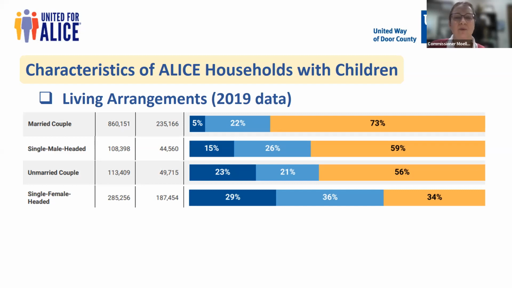A person might not be able to leave a dangerous situation because who's going to watch my kids? How am I going to find housing? I can't find it, period. Can I afford it, period? So it's putting adults and children in danger.